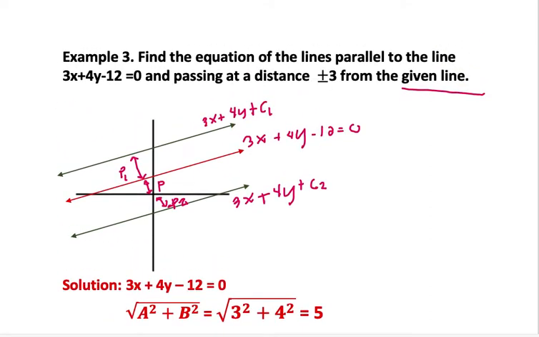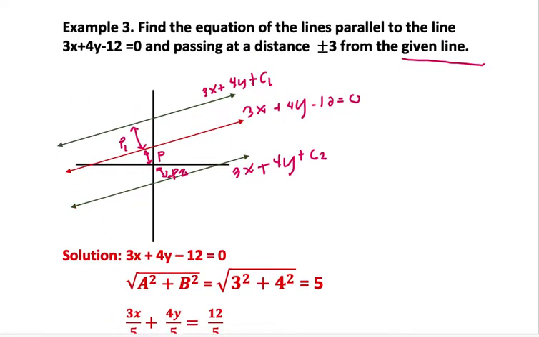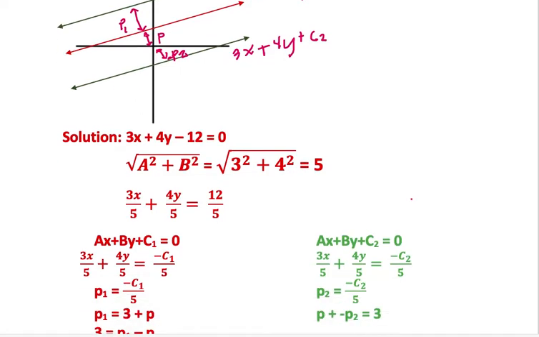So, let us get first the equation 3x plus 4y minus 12. So, 3x plus 4y minus 12 equals 0. So, A is 3, obviously. Then, B is positive 4. Then, C is negative 12. Okay.